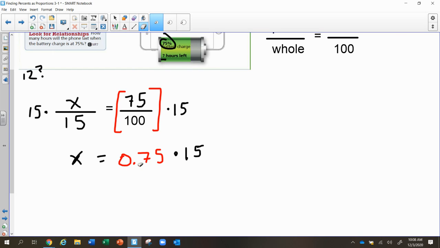Well, 0.75 times 15, we can just plug straight into our calculator. And if you do that, you're going to get 11.25. So that means 75% of the battery charge is 11.25 hours.